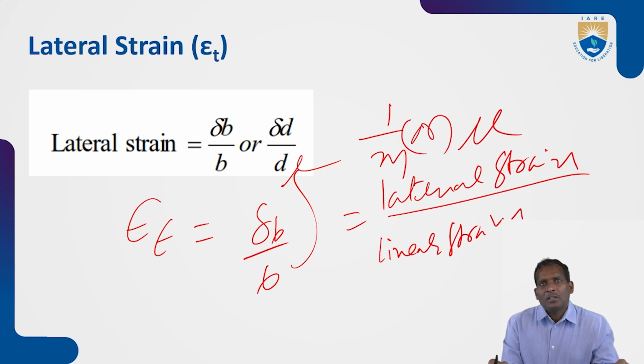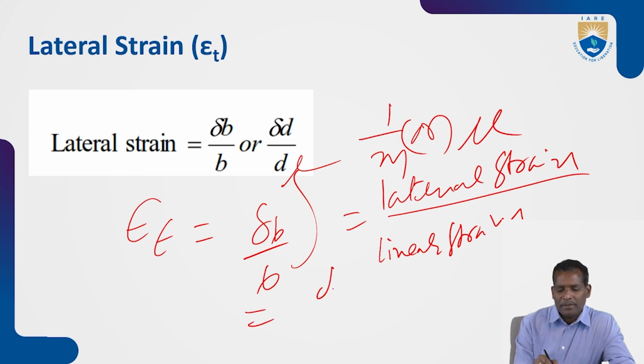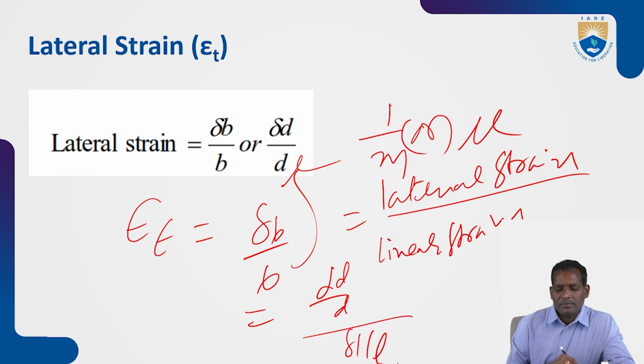The ratio will give the Poisson's ratio. So lateral strain delta D by D upon linear strain delta L by L.